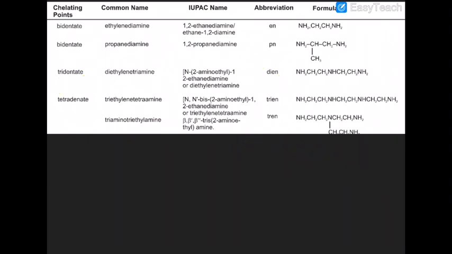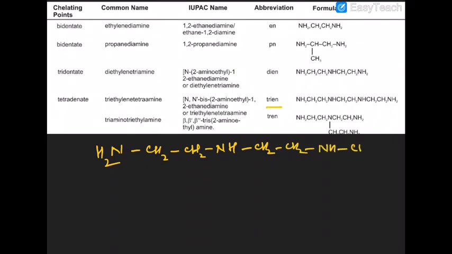Now next is trien. What is trien? It is triethylene tetramine. Let's look at that. First NH2, then draw 2 CH2, then one NH, then again 2 CH2, then again NH, and then CH2, and again NH2.